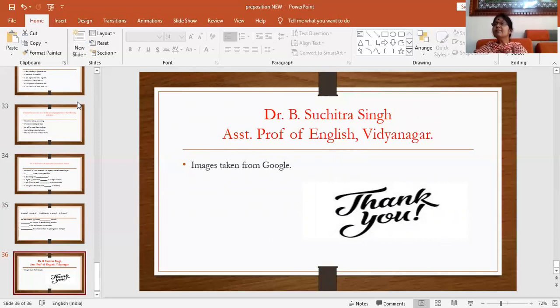So here we have learned something more about prepositions. I hope you have understood this class. You know how important prepositions are. Now you know what errors we make while using prepositions, and which preposition should be used where. If you want more information, go and browse to know the common errors that we make while using prepositions, right?